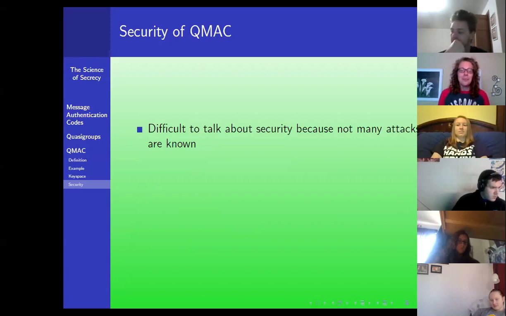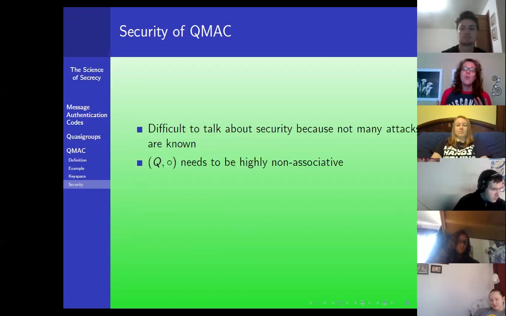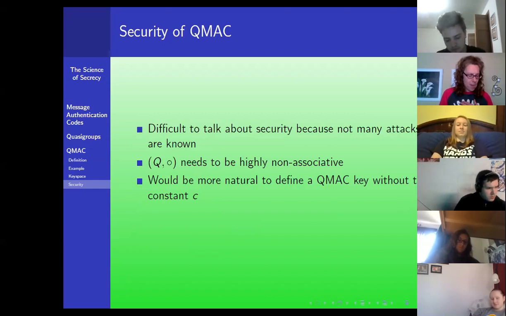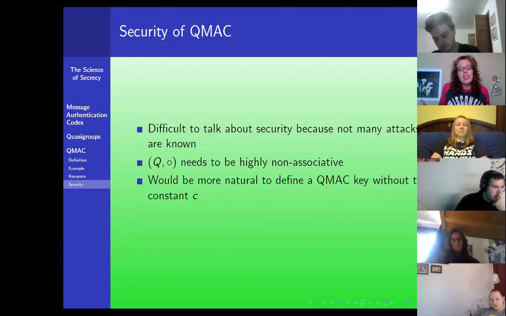That's the answer. One small attack that my advisor came up with, and this is where that secret element comes in. We know that the quasi-group needs to be highly non-associative, right? We talked about that already. Where's this constant coming from? Why did I throw that in there? It seems like it just adds weirdness and makes it more complicated. It does increase your key space, but that's not the reason that I added it.